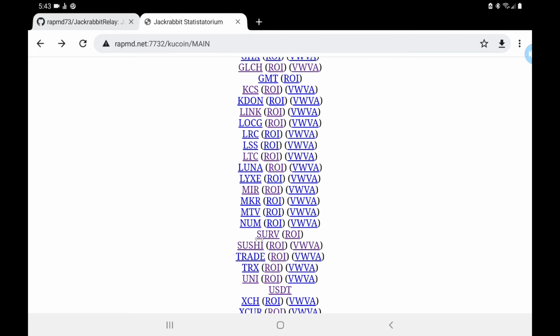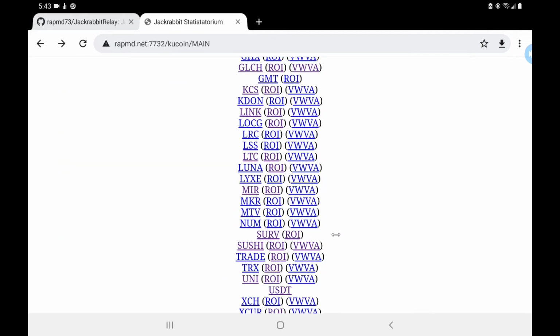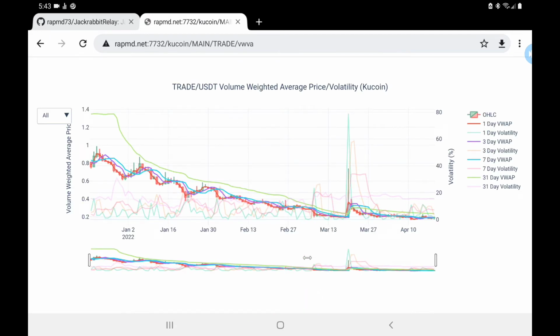And I spent an excessive amount of time trading this coin, as you can see. So as soon as it turns 90 days old, I will get one of these wonderful charts that tells me exactly its volume weighted volatility and its analysis.